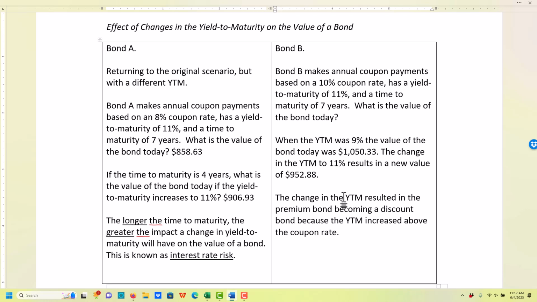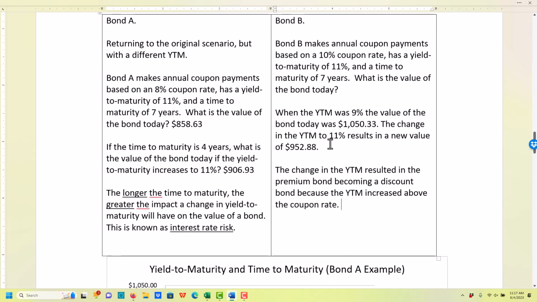So before, our coupon rate was 10% and our yield to maturity was 9%. So the yield to maturity was less than the coupon rate. The change to 11% then made it so that the yield to maturity is now greater than the coupon rate. And so it changed our bond from a premium bond to a discount bond.